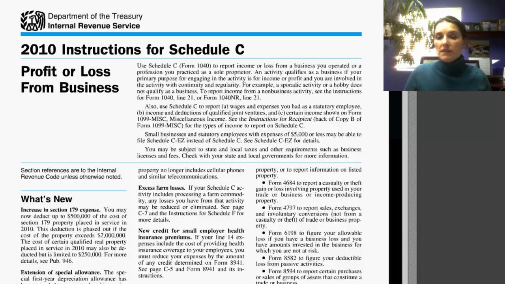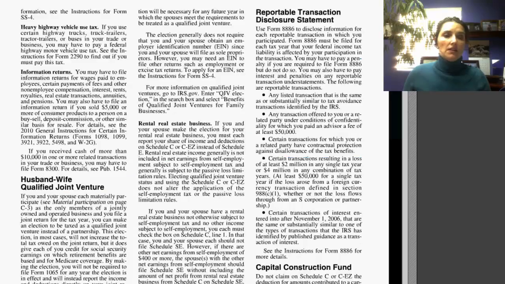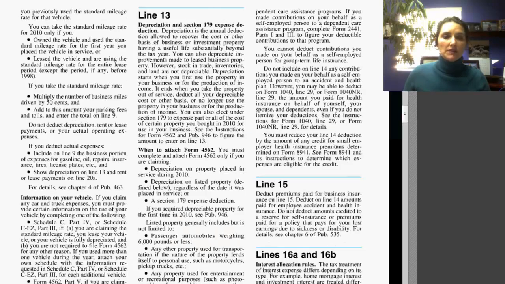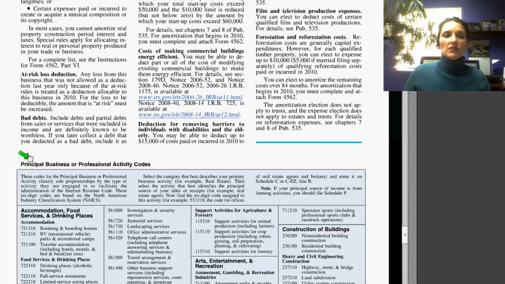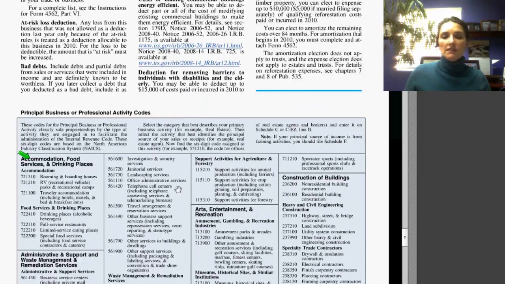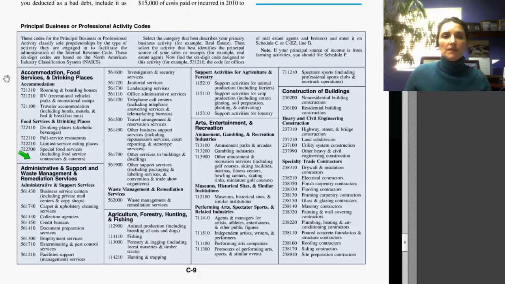So watch the lecture and read the manual, but if you have any more questions about what goes on a specific line, you can refer to these instructions for Schedule C, and you can also refer to IRS Publication 334 for small business. Let me get to the page that we're talking about where we have these codes listed. And the principal business or professional activity codes begin on page C9.